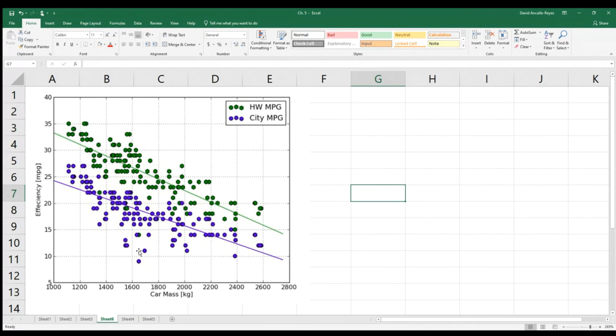So if I say I would like a very environmentally friendly car, I want to be able to drive as far as I can with as little gasoline as I can, should I get a lighter car or a heavier car? AKA a boring car. You should get a lighter car. So that's true. However, you can see that it's not as clear, right?